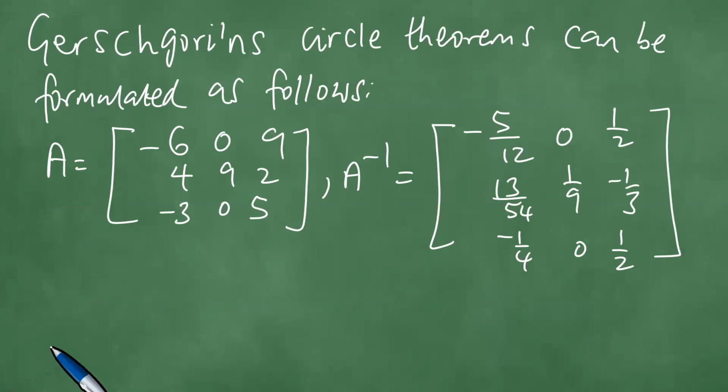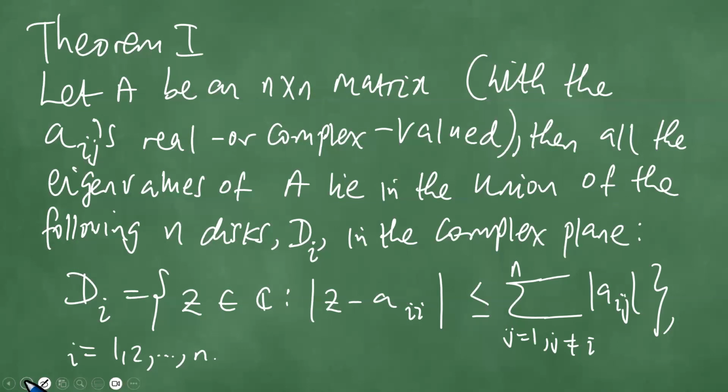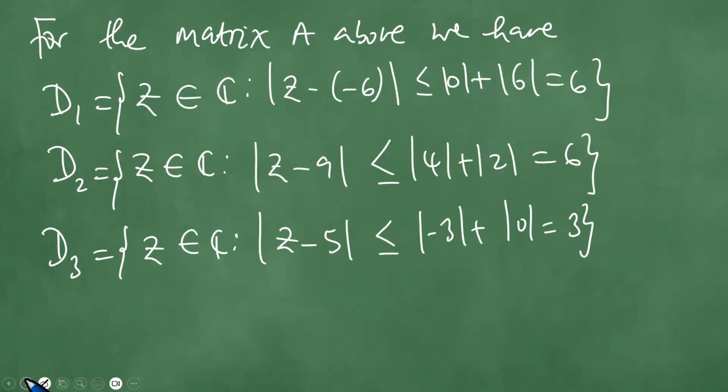So at this point, you're going to proceed to add the off diagonal entries outside the diagonal.